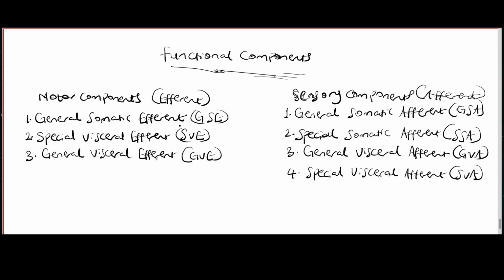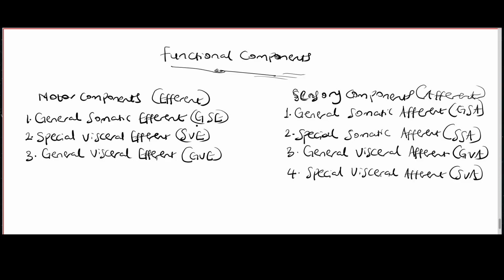So in addition to these general components, the cranial nerves also carry special components. That's how we have the special visceral efferent, the special somatic afferent, and the special visceral afferent. So we have four general components and three special components in the cranial nerves.